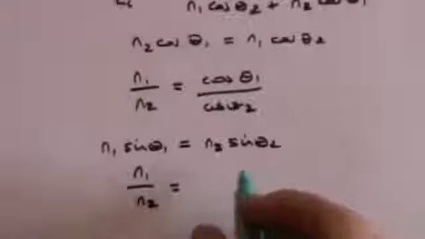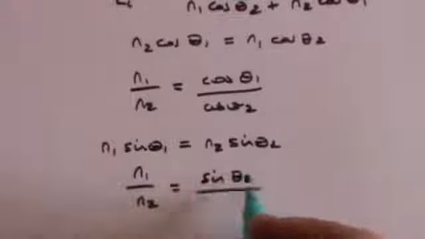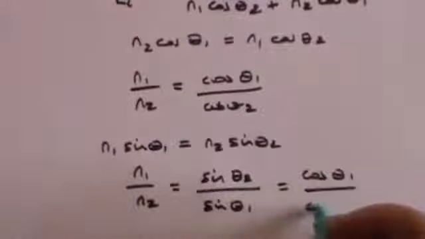So now we can say that from Snell's law, n1 over n2 is equal to sine theta 2 divided by sine theta 1. But n1 over n2 is also, in the specific conditions that we're talking about, cosine theta 1 over cosine theta 2. And the question is, what are the circumstances when that is true?